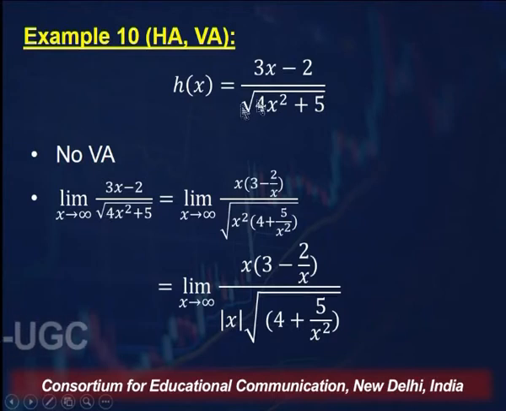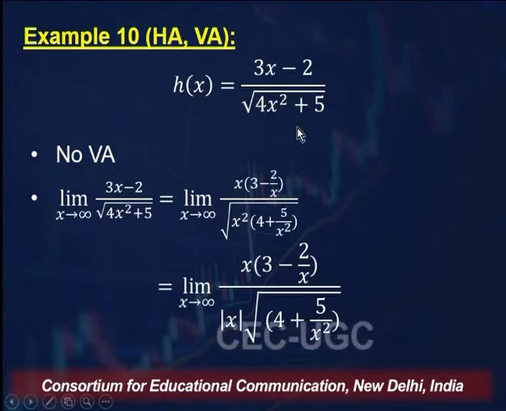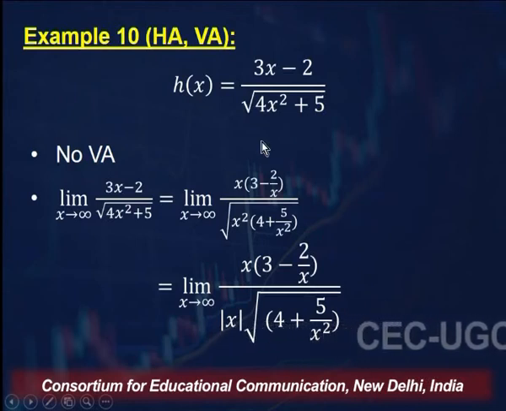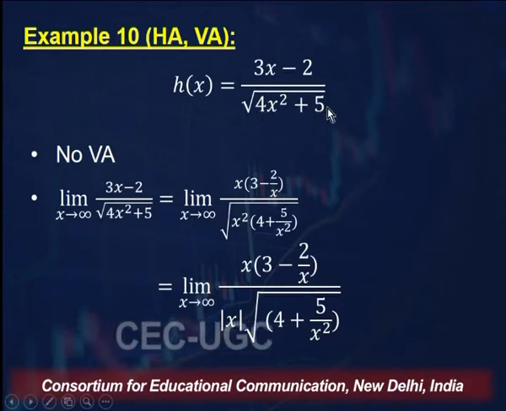Okay, in this case a function is given by 3x minus 2 divided by square root of 4x squared plus 5. No vertical asymptote, because you can't have the denominator going off to 0 here.